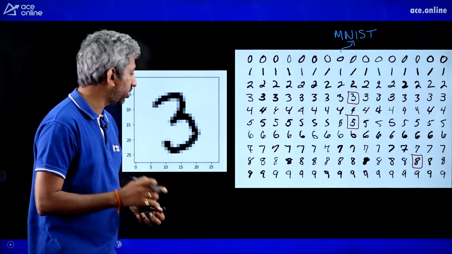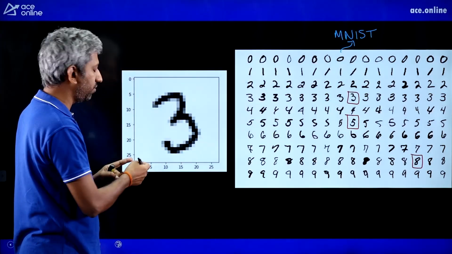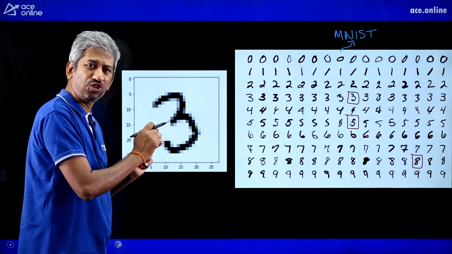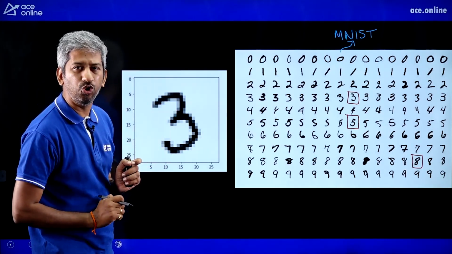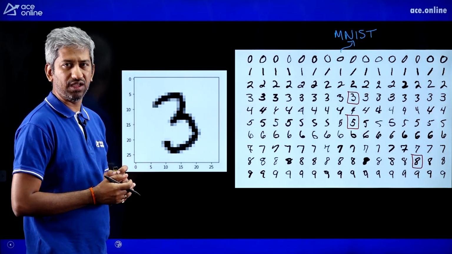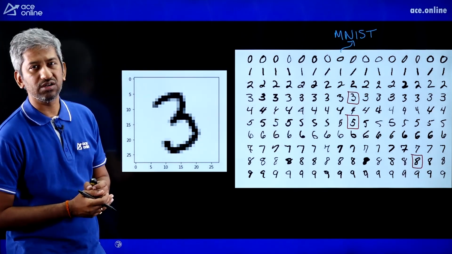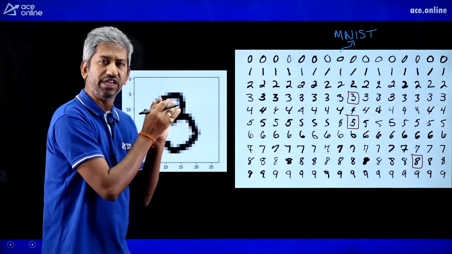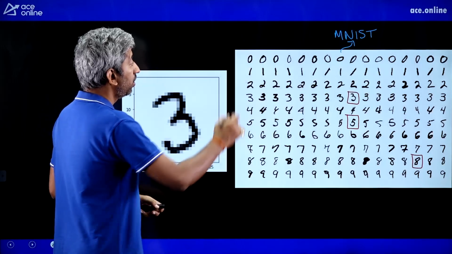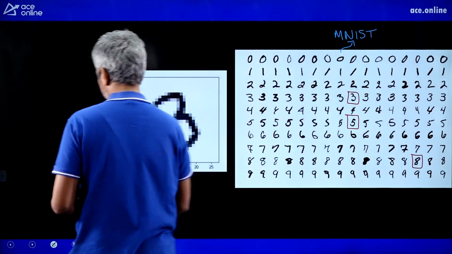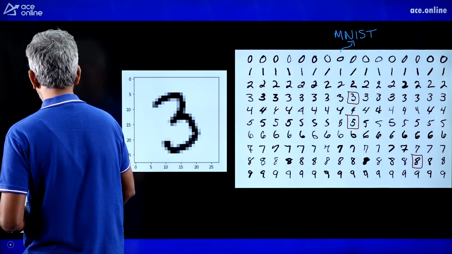So, what is your objective? If you are taking one such image, that image is to be converted into its corresponding numbers. How to do that conversion? In this data set, what is the input? Input is image.